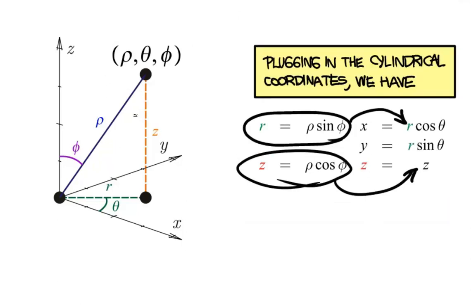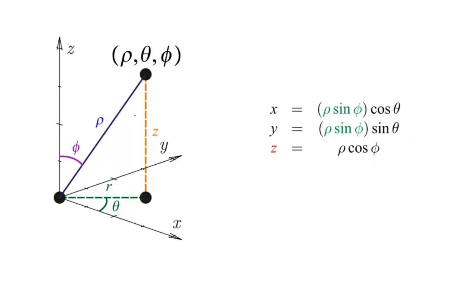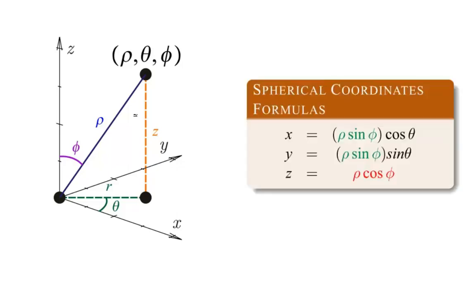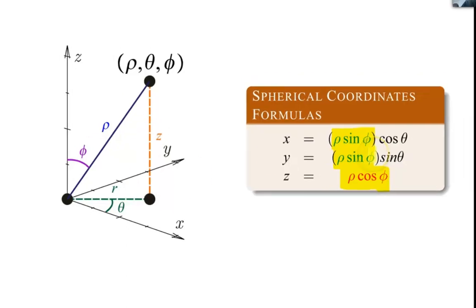So, plugging into cylindrical coordinates, these expressions are going to be the spherical coordinate formulas. It's not very difficult to see. This is r cosine of theta, this is r sine of theta, and this is z. So it's just taking cylindrical coordinates and doing some trigonometry to get that.